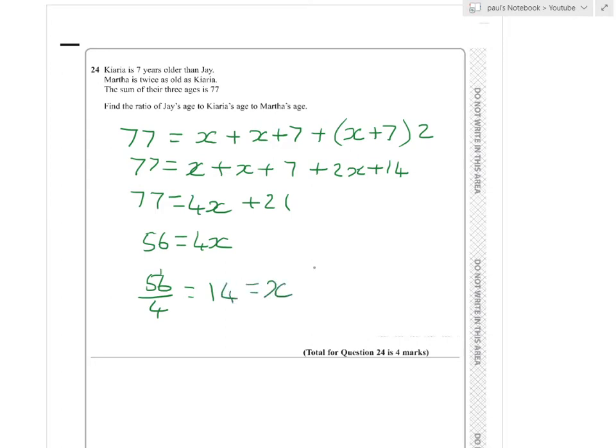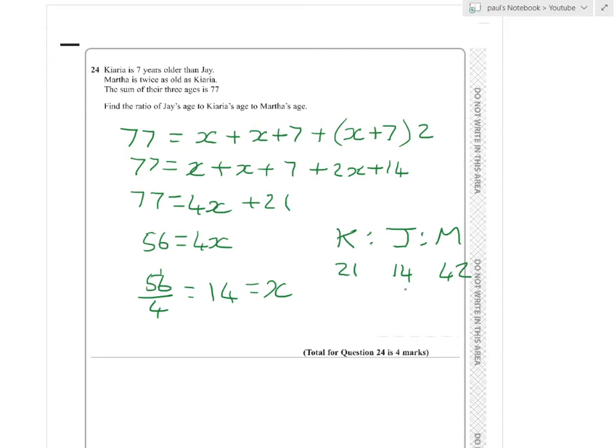Right, so we've got Korea and Jay and Martha. Now Jay is going to be 14, Korea is 21, and Martha is 42.